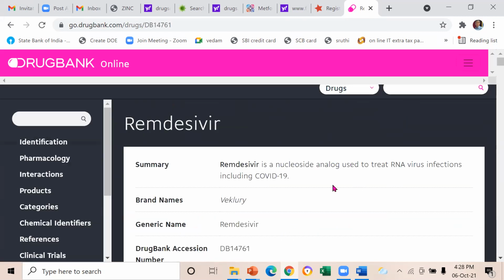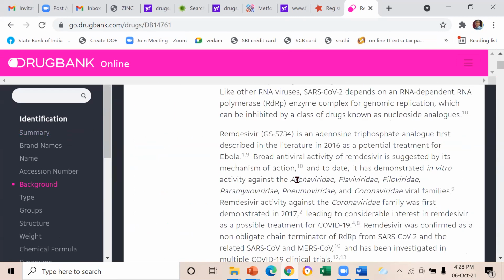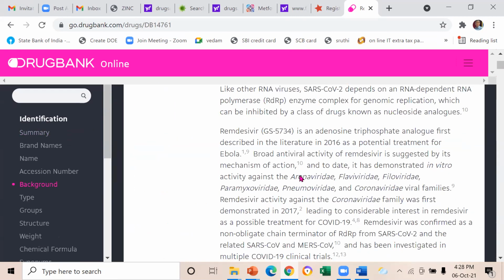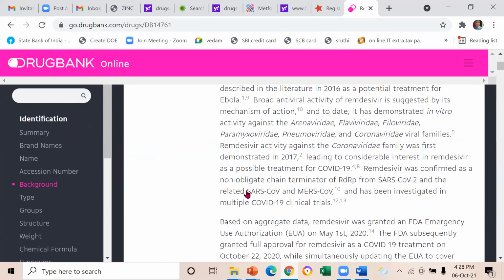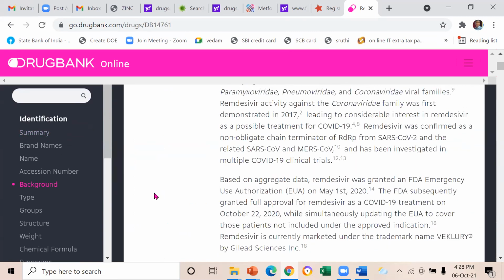Remdesivir binds in RNA virus infections, including COVID. Of course, it did not work properly for COVID, but under certain conditions of COVID, it seems to work. So a lot of information on this. This remdesivir is quite a large molecule.